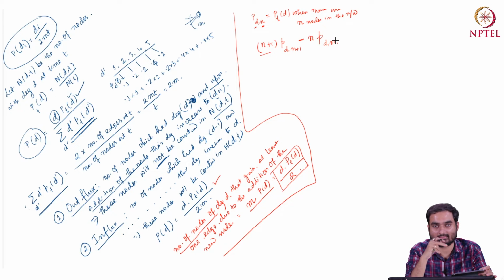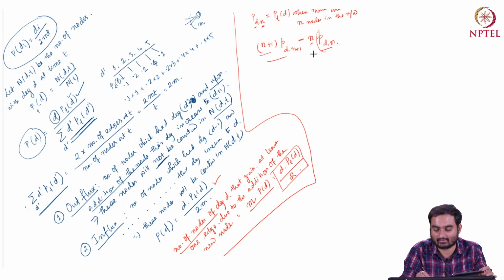When this new node joins in, there were already some nodes with degree d, and those nodes will now become d plus 1. So, they will not contribute to the total number of nodes with degree d anymore. So, how many such nodes are there? The total number of nodes is n, and the fraction of nodes with degree d when the total number of nodes is n is this quantity.